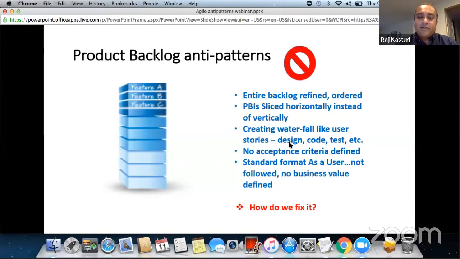You have a flavor of everything. You want to do a little bit of design, a little bit of coding, a little bit of testing. So the product backlog items need to be vertically sliced, so that you have a flavor of all of the things that need to be done, so that it's valuable to the user, right? So this is an anti-pattern. Do not do stories that are design only, code only, test only, because that is just doing a mini waterfall within a Scrum. So that's an anti-pattern.